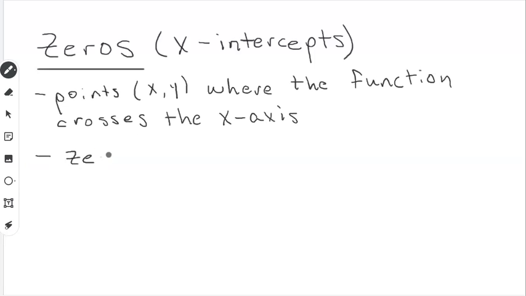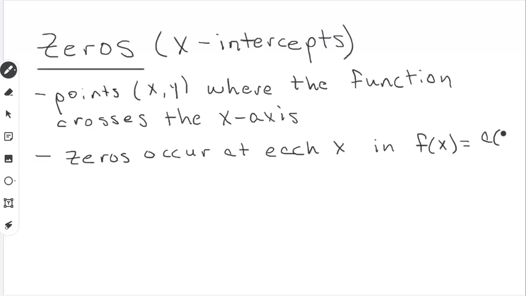Okay? A zero is going to occur. So zeros occur at each x in f of x equals a of x over b of x, our rational function, where the numerator, a of x, is equal to 0.